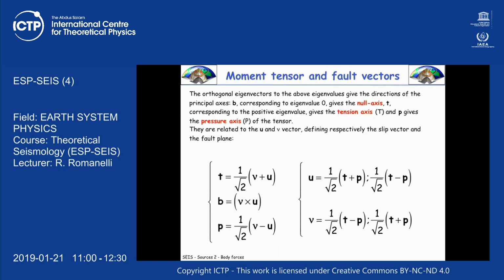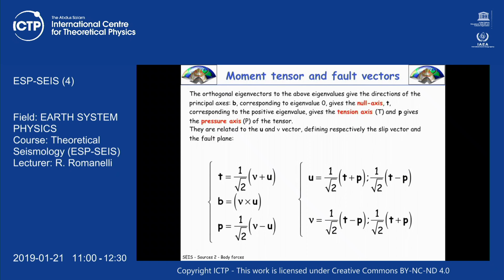But let's stay now for the principal axis. U and Ni, for a pure shear dislocation, they are, of course, orthogonal. So their sum, normalized, is going to give plus M0. Their difference, normalized, is going to give minus M0. And the axis related to 0 is called the null axis.